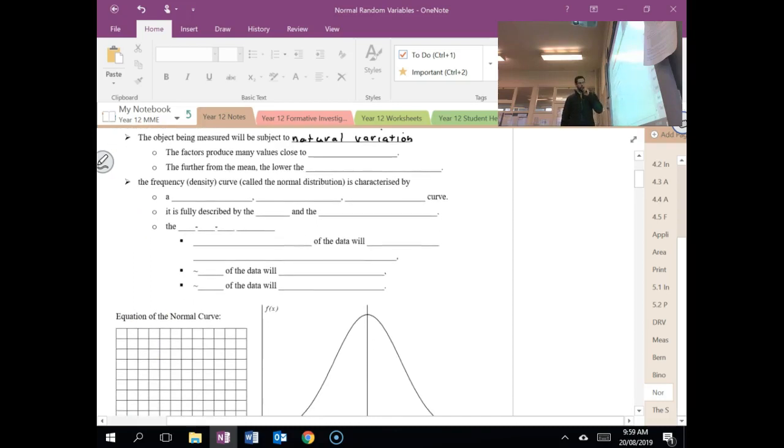Now, as a result, the factors are going to produce a result that is close to the mean. And then the further we go from the mean, the lower the probability.